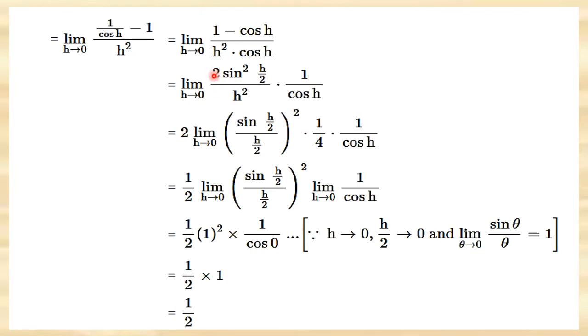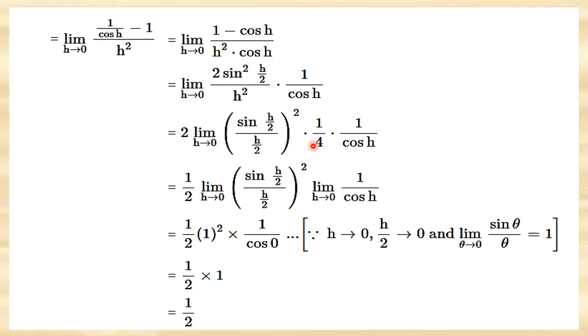Now 2 is the constant, so taken out. So 2 into limit h tends to 0 of sin h by 2, and here we made an adjustment. Since h square is there in the denominator, we write this h square as h by 2 the whole square, and then we adjust with the 4 by multiplying a 4 with this denominator, that is h by 2 the whole square into 4.